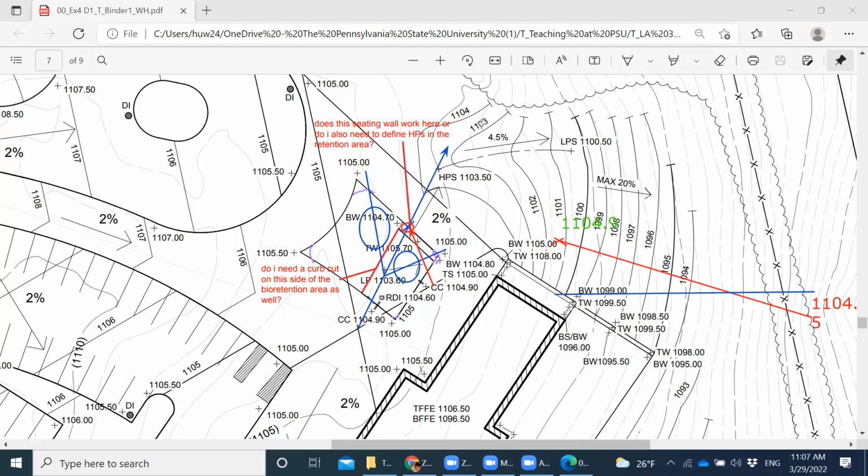Then I at least want this wall to be a height that you determine, right? So the top of the wall, if this is the ground elevation, and 1.5 feet would be top of wall will be 1106, which is definitely going to be able to stop the water from spilling over.